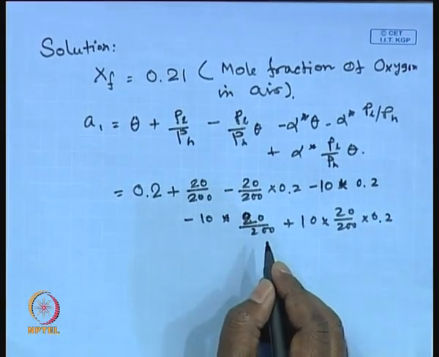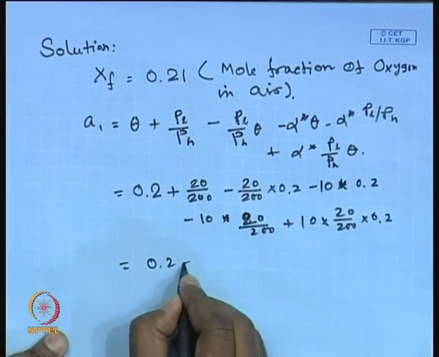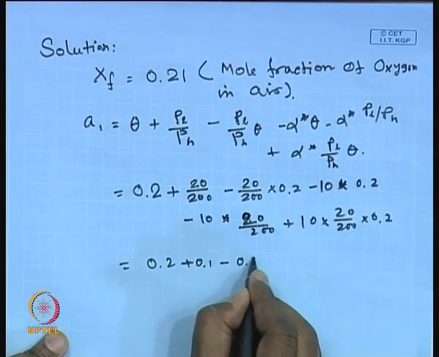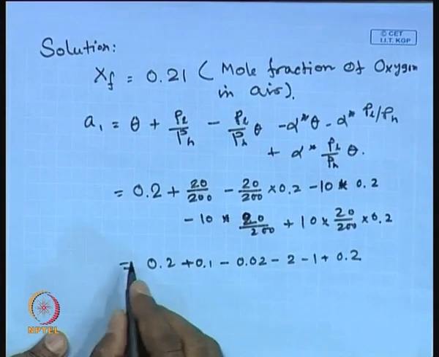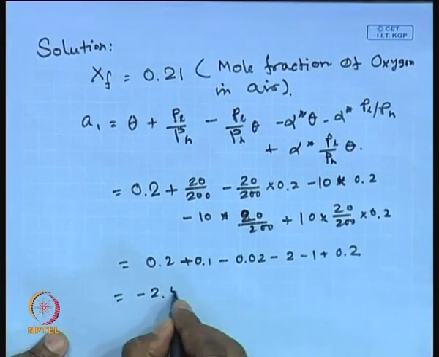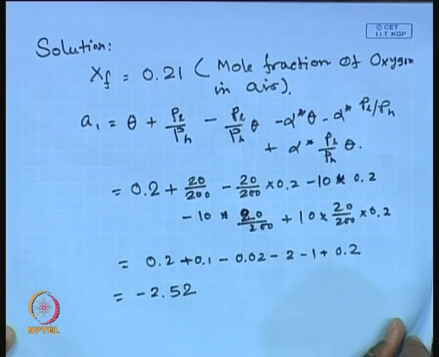So, this turns out to be 0.2 plus 0.1 minus 0.02 minus 2 minus 1 plus 0.2. So, it turns out to be minus 2.52. Okay. So, that is the value of constant A1 with the given conditions.